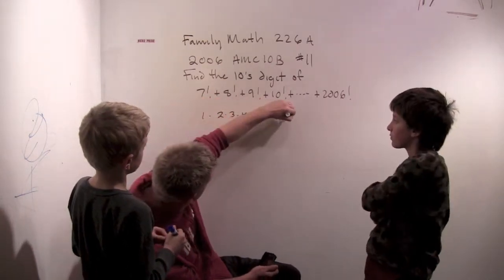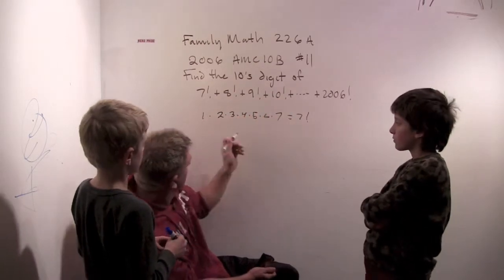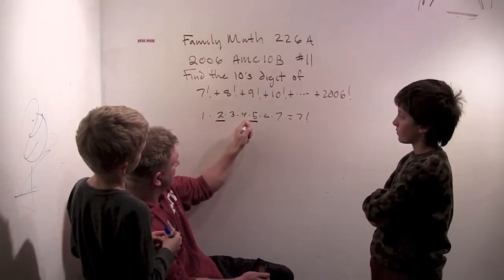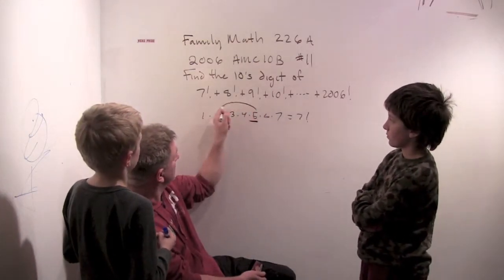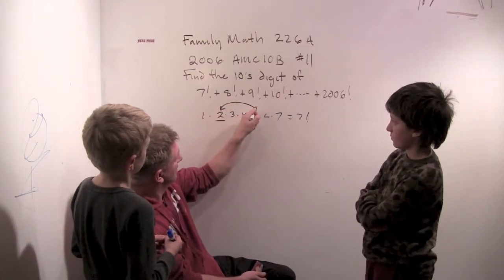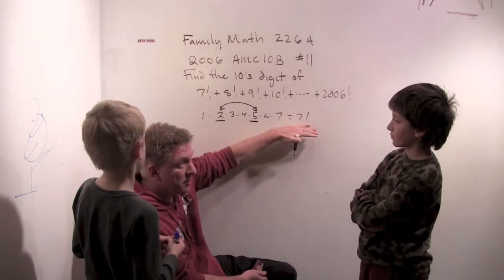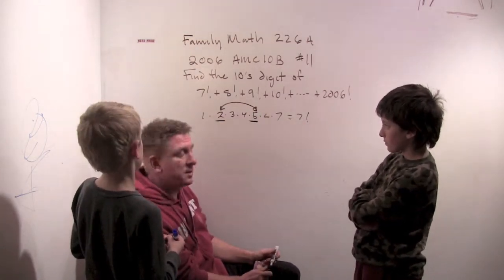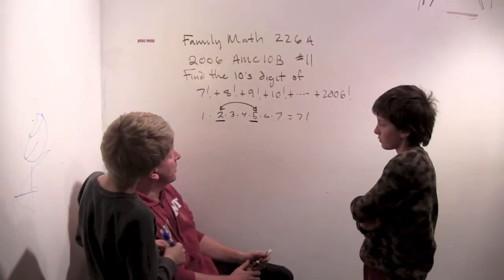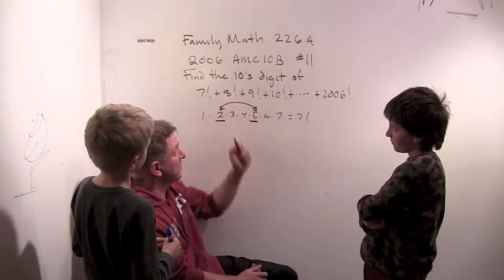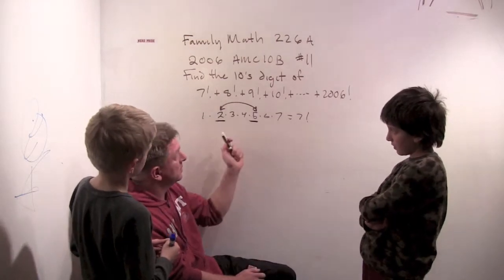So here's 7 factorial, right? It has a 2 and a 5 in it, which makes a 10. And so the fact that there's a 10 in here tells us that the units digit of 7 factorial is 0. And also, the units digit of 8 factorial is 0, because you still have a 2 and a 5.